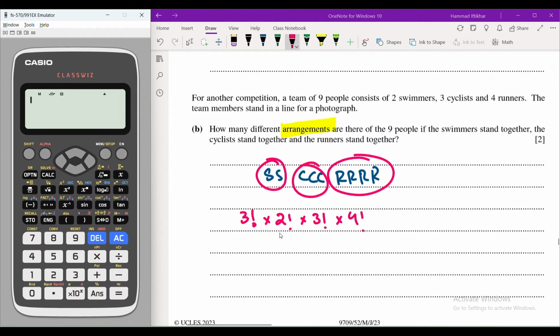So 6, 2, 6, 24. So 6 times 2 times 6 times 24. So we have 1728.